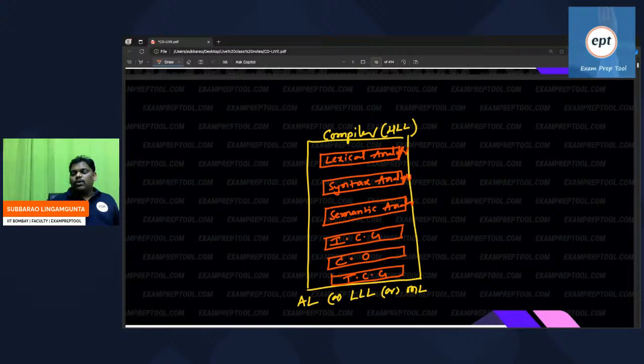Compiler is a very big software which takes high level and gives low level. But when you say very big software, a very big code is there, so the total code cannot be written in one function. They kept the total program in many functions.